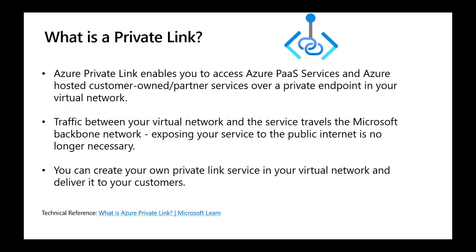At no point is your service exposed through a public IP address, as everything is within Azure. And then these services are delivered directly to your customers' virtual networks from the private link service in your VNet. So you can have a customer service provider setup, whereby when you publish this service, your customer is able to access it securely and privately.